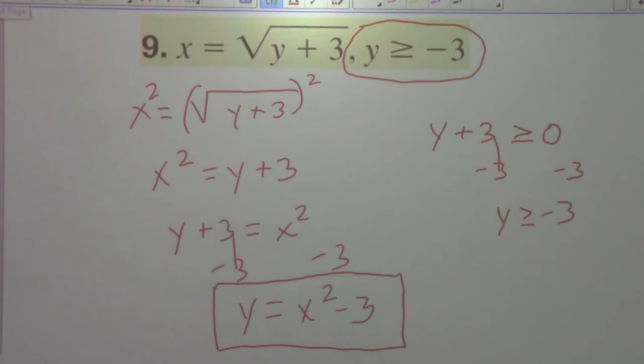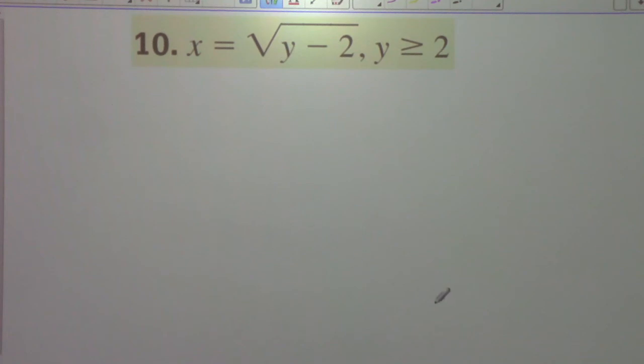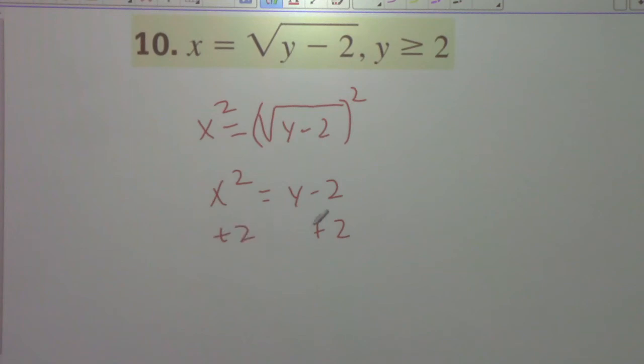Okay, all right. So this next one, somebody else besides Jaden, what's going to happen on this one? It's the same sort of thing, right? So we just get the squared. So you get x squared equals y minus 2, so we get y equals x squared plus 2.